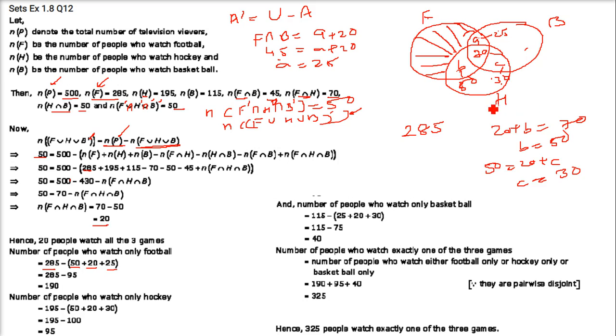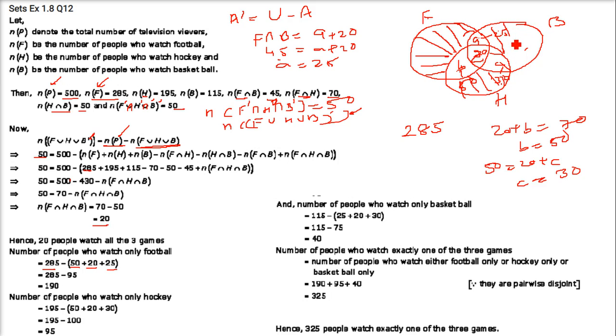This is 190. Now coming to the number of people who watch only hockey. So total of H is 195 minus B, which is 50, minus 20, minus C, which is 30. So we subtract 50 plus 20 plus 30 from 195. It is 95 only watching H.